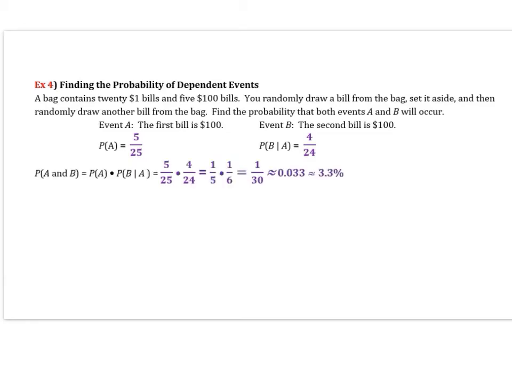Now multiply the two events together, getting 5/25 times 4/24, which simplifies to 1/5 times 1/6, which is 1/30, approximately decimal 0.033, which is 3.3%. So the probability that you draw two $100 bills is about 1/30, approximately 3.33%.